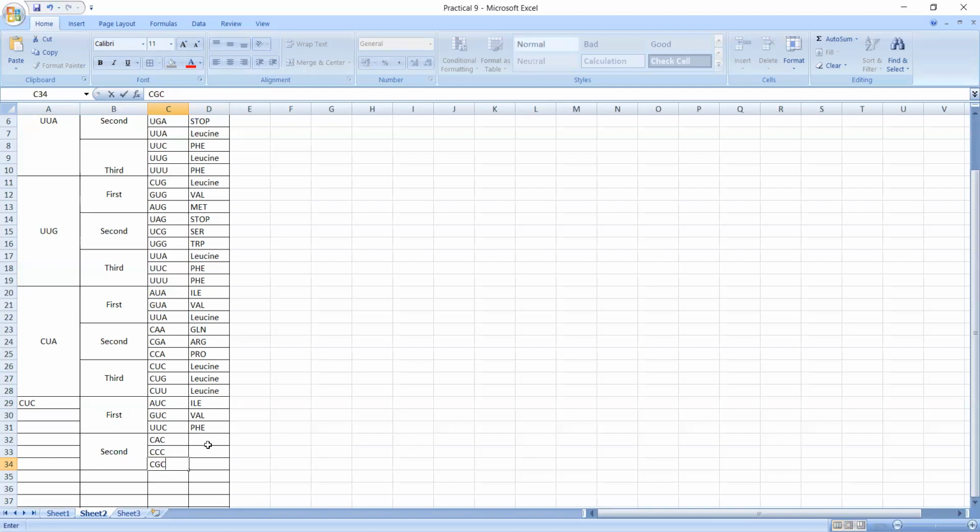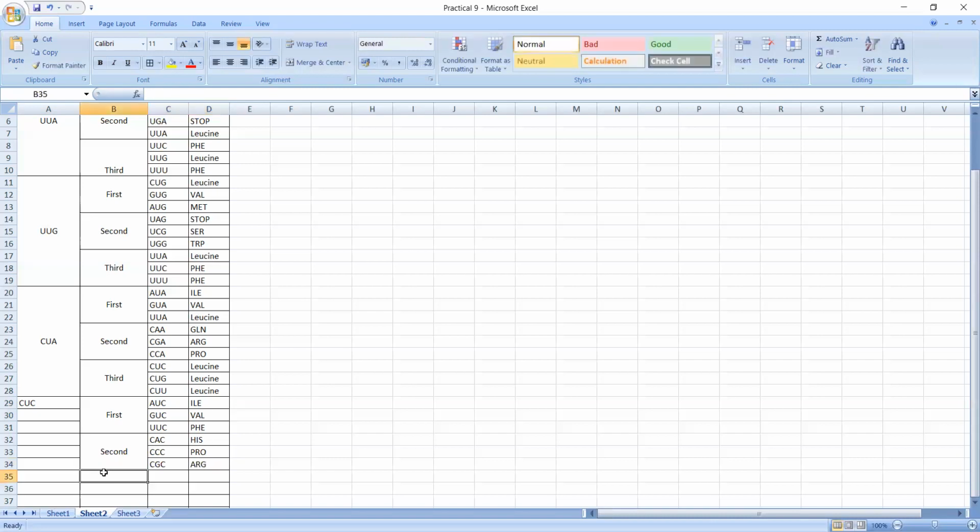Let us see what we'll get. CAC codes for histidine. I will write in short. CCC codes for proline. CGC, when you see CGC, it codes for arginine.